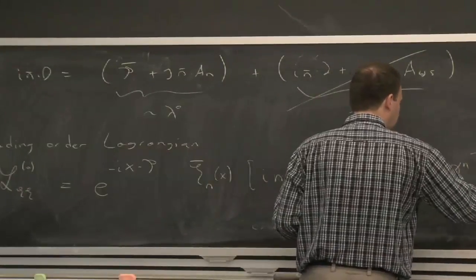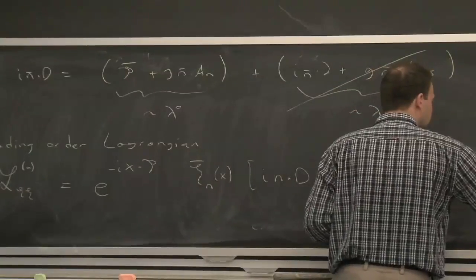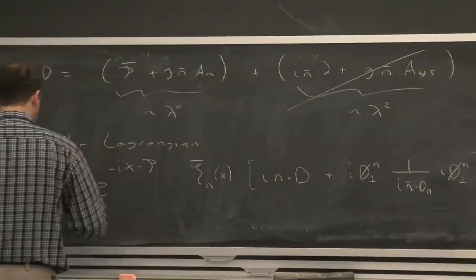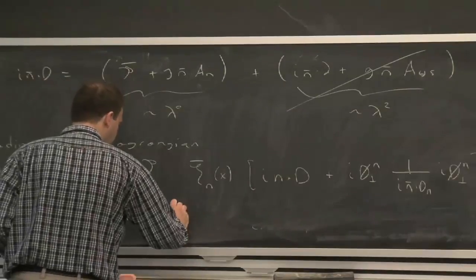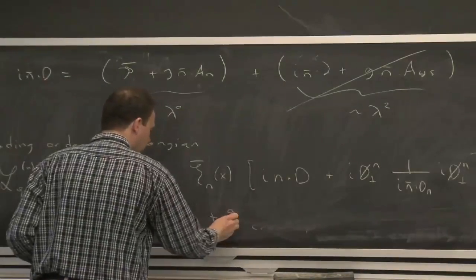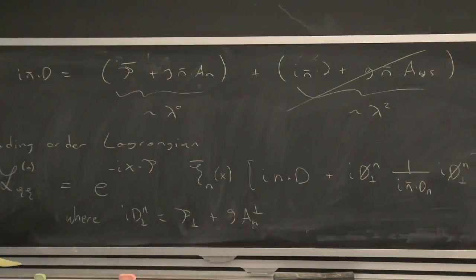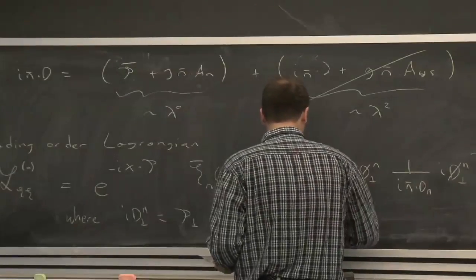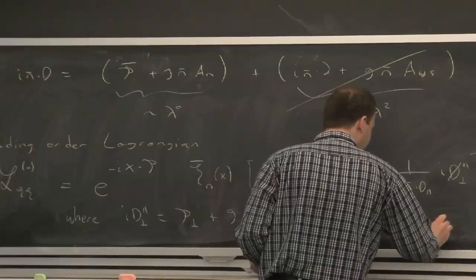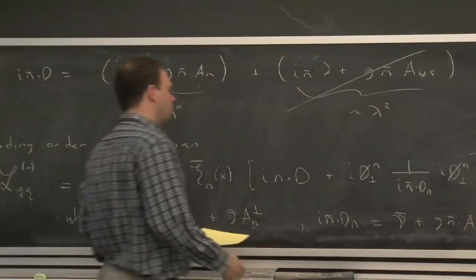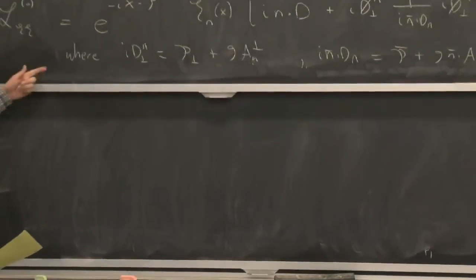So, in the obvious notation, we take the two pieces that are collinear and put them into a collinear D, and likewise in the n bar direction. OK, so this Lagrangian here is the leading order Lagrangian with this additional notation.